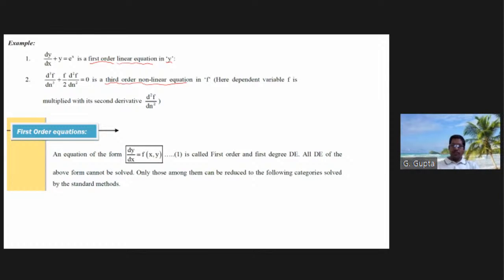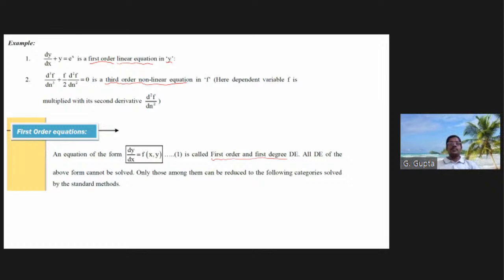So it is first order and first degree. Such an equation is called a first order and first degree DE. DE stands for differential equation. All differential equations of this form cannot be solved. Only those among them that can be reduced or converted to the following categories, categories meaning types, the names of the equations, can be solved.